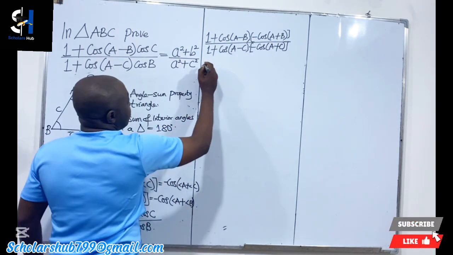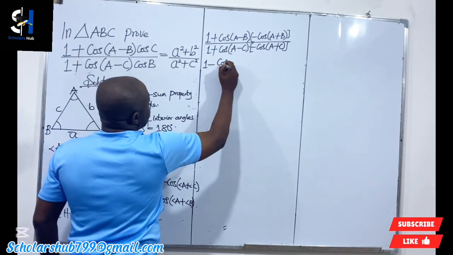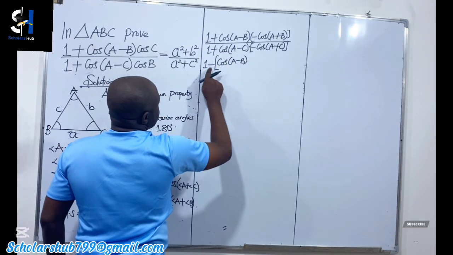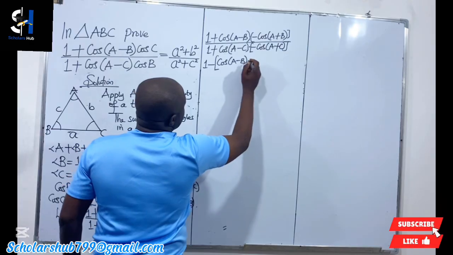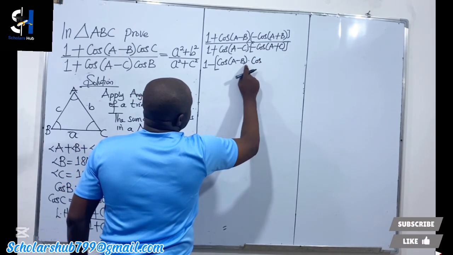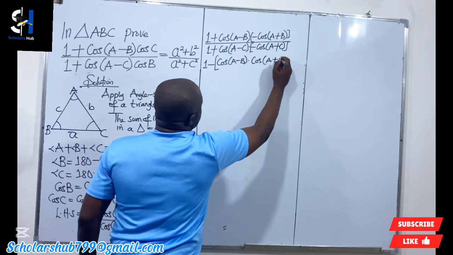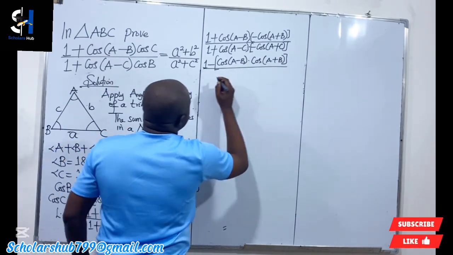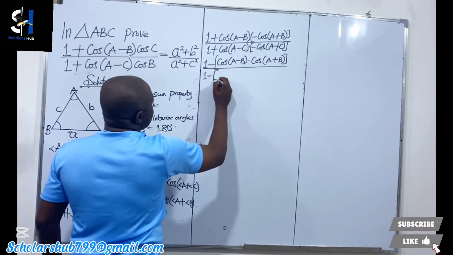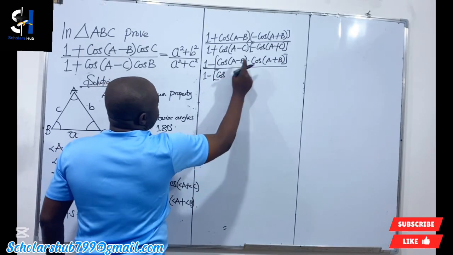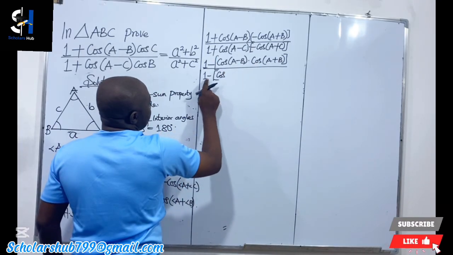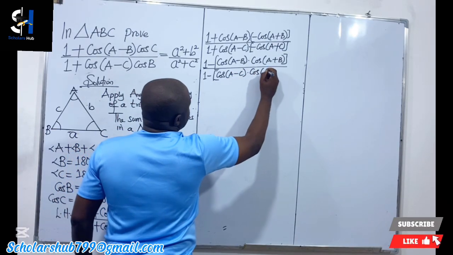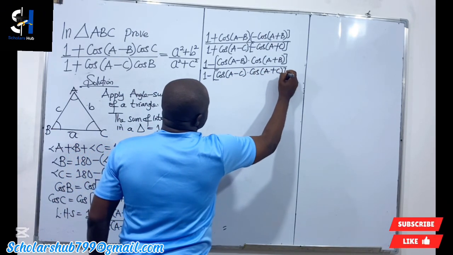So this will be 1 minus the product of cos(A minus B) and cos(A plus B), divided by 1 minus the product of cos(A minus C) and cos(A plus C).